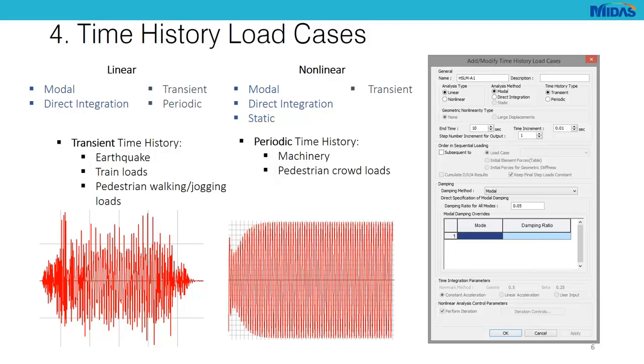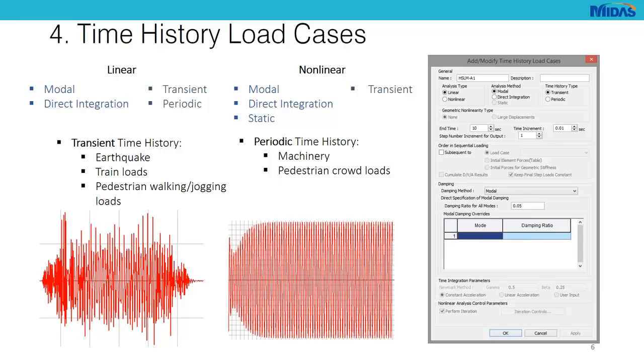We support both linear and nonlinear analysis. For linear analysis, we can use as an analysis method modal analysis and direct integration. And as a time history type, we can choose either transient or periodic. Whereas for the nonlinear time history analysis, we can use modal, direct integration, and static, but only a transient time history type.